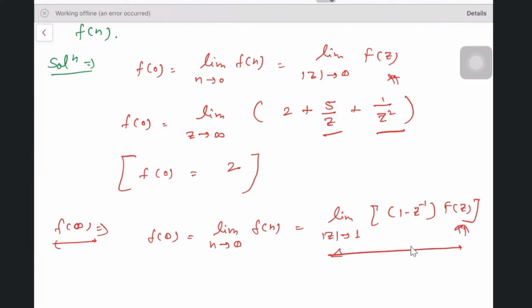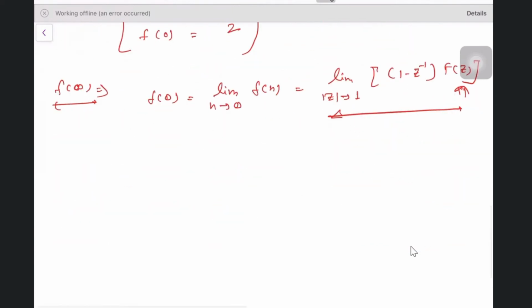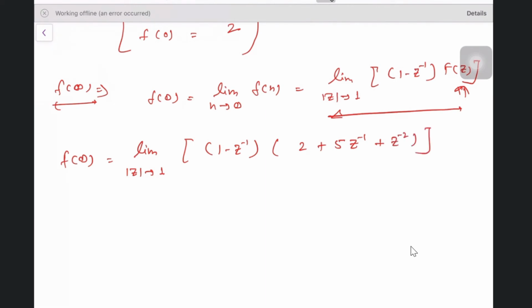So f of infinity equals limit mod z tends to 1 of 1 minus z inverse times f of z, where f of z is given as 2 plus 5 z inverse plus z to the power minus 2. Now you can solve this by multiplying both terms.